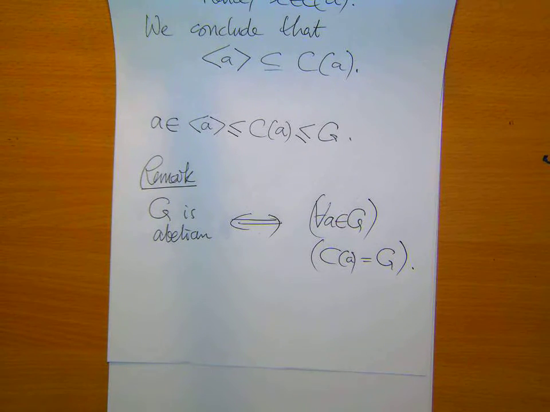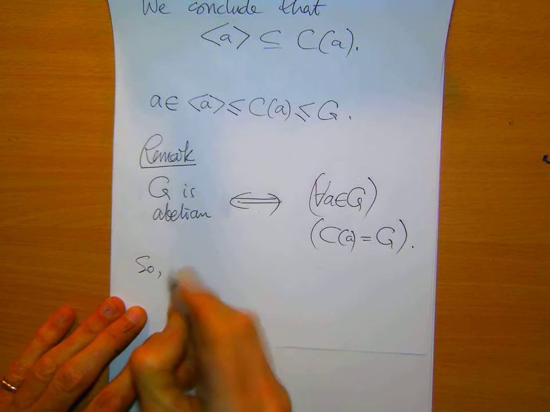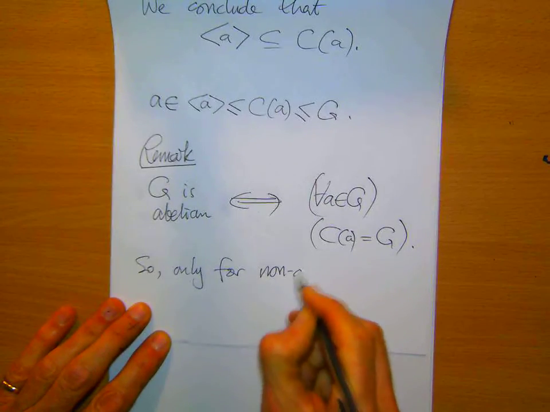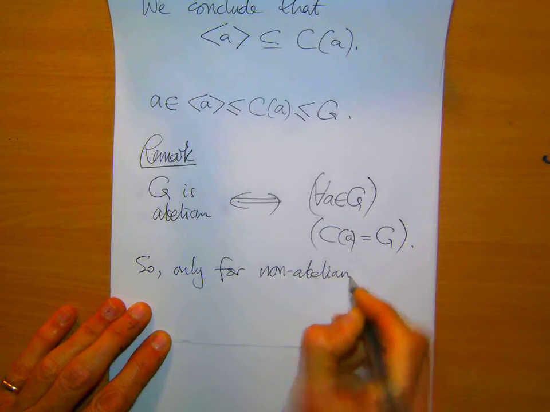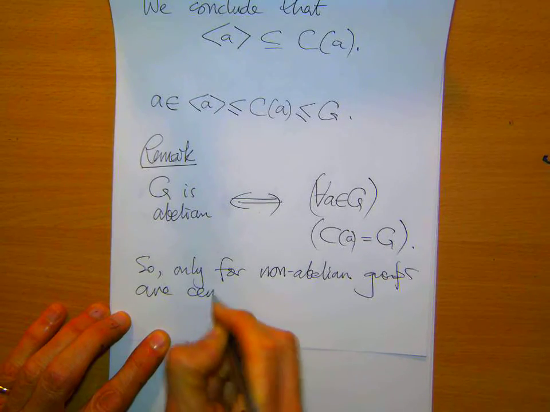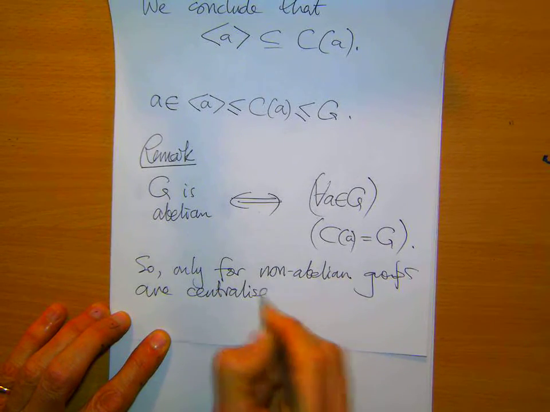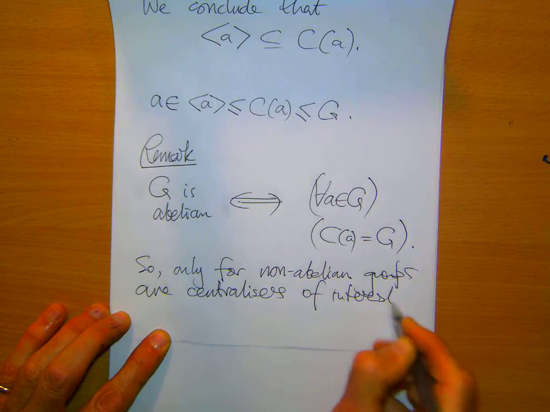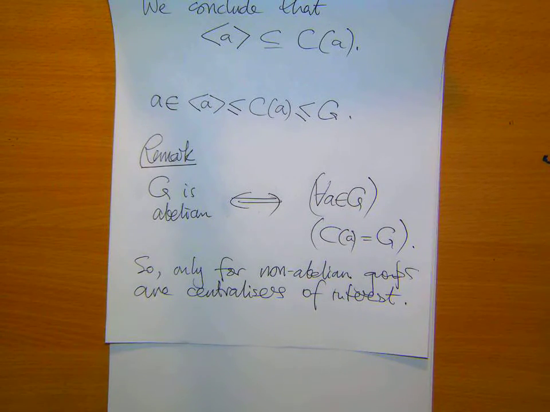Okay? So only for non-abelian groups are centralizers of interest. Because otherwise, for abelian groups, centralizers are always the whole thing.